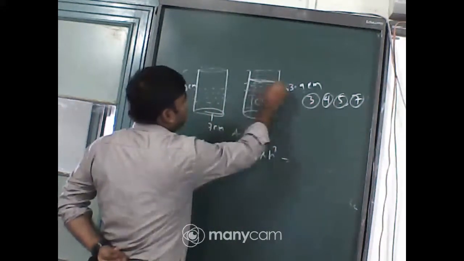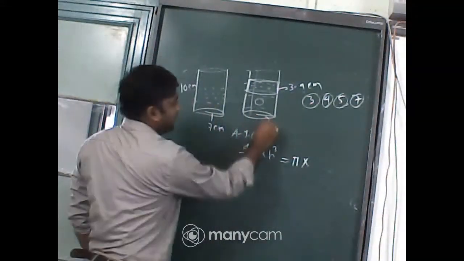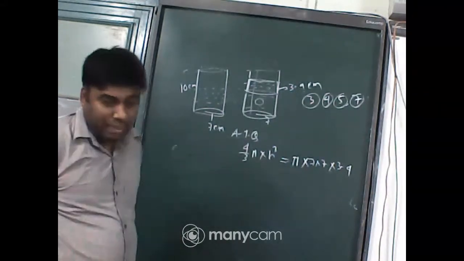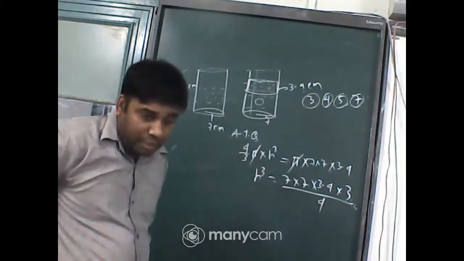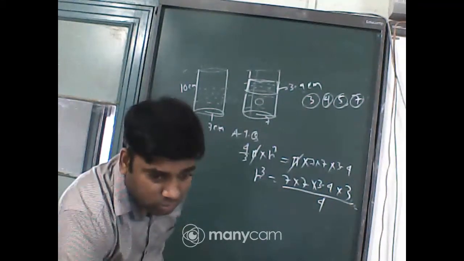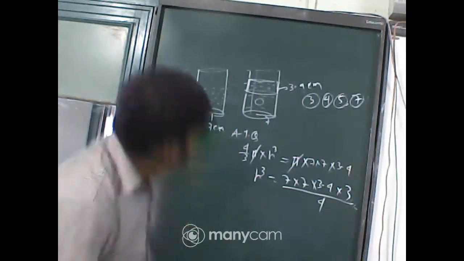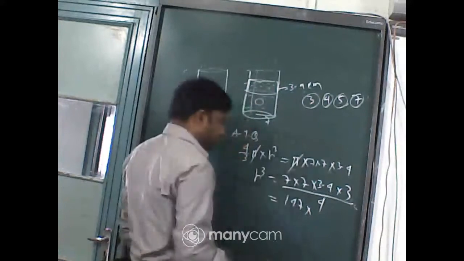Pi removed, and 3.4 by 4. So if you reduce it, that is 7 into 7, 49. 49 into 3, you will get 147. 147 into 3.4 by 4.